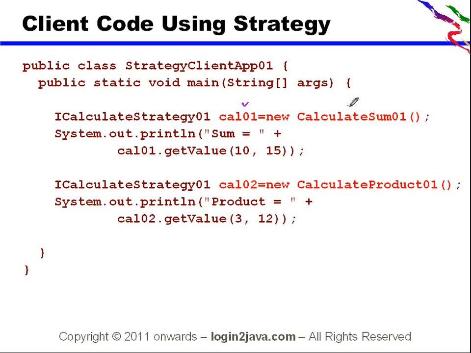So to calculate the sum, we are taking the concrete implementation of sum, and then cal01.getValue(10, 15). Cal02 is for the product, and this is the code to use the getValue of the product. I think this is easy to understand how the strategy is implemented.